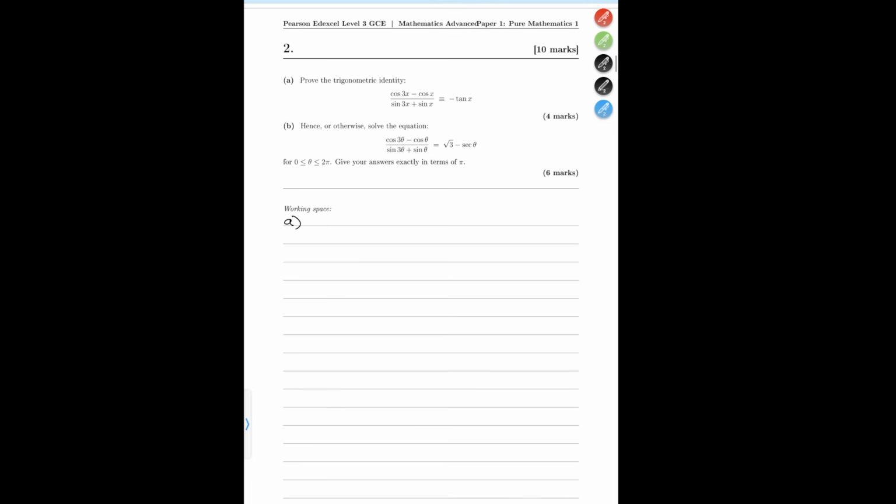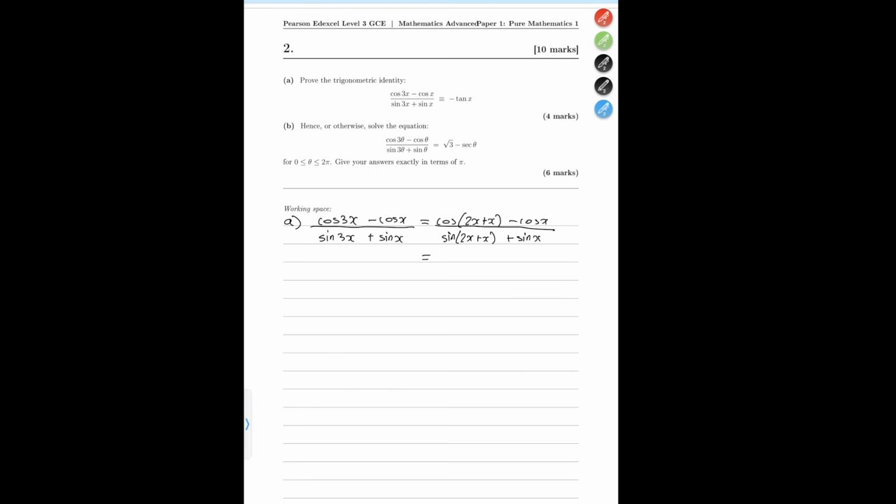So cos 3x minus cos of x over sine 3x plus sine of x. To be honest, the first thing that I'm seeing here is that I want to split up cos 3x and sine 3x into the following. So actually I'll write it out. Cos(2x plus x) minus cos x over sine(2x plus x) plus sine x.